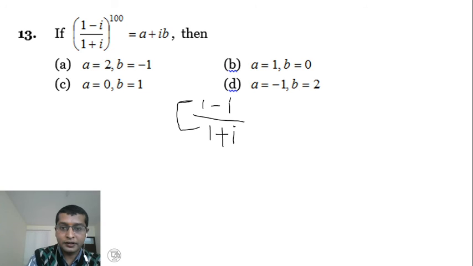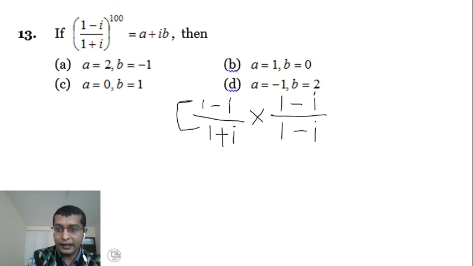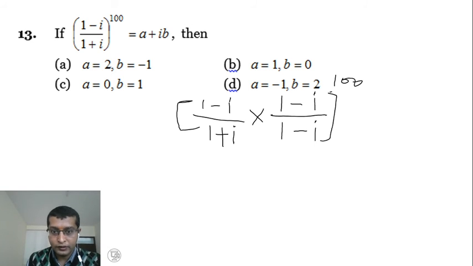Next, I multiply by the conjugate, (1 - i)/(1 - i), and it is raised to 100. The numerator is of the form (a - b)(a - b), which is (a - b) whole square.